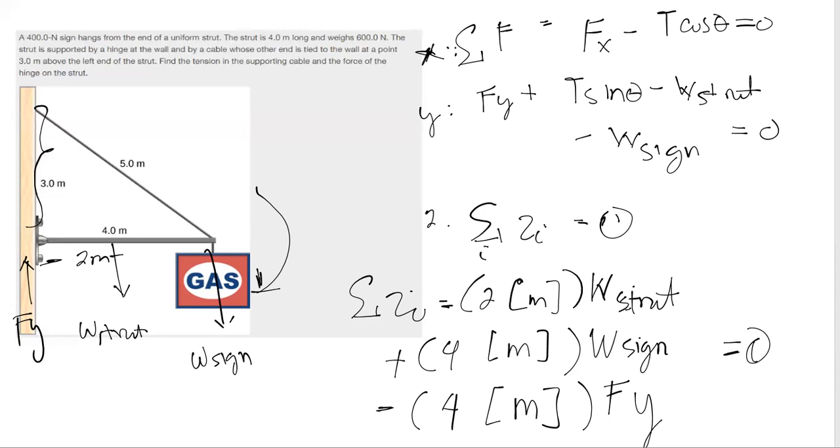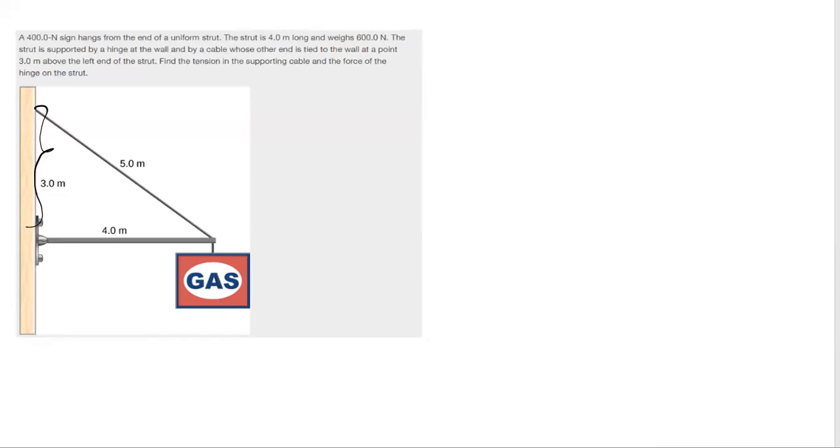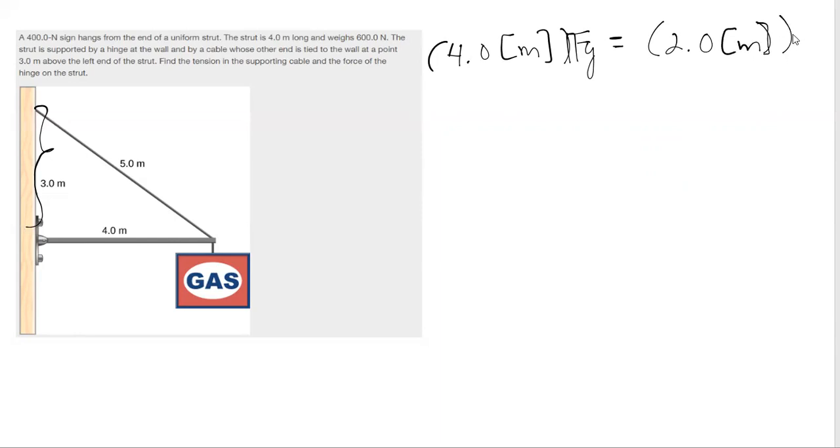So using these remaining torques here, we can calculate for the remaining term, which is Fy. So we can write here 4 meters times Fy is equal to 2 meters times 600 newtons plus 4 meters times 400 newtons.